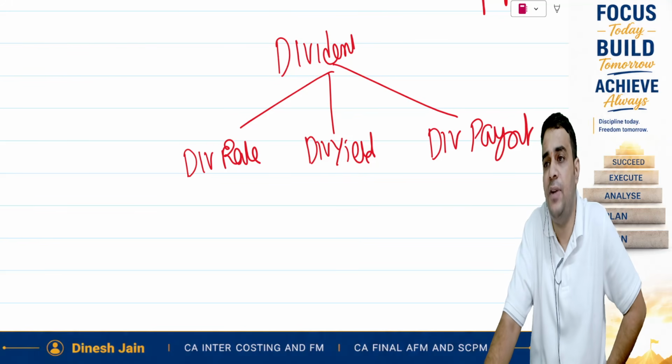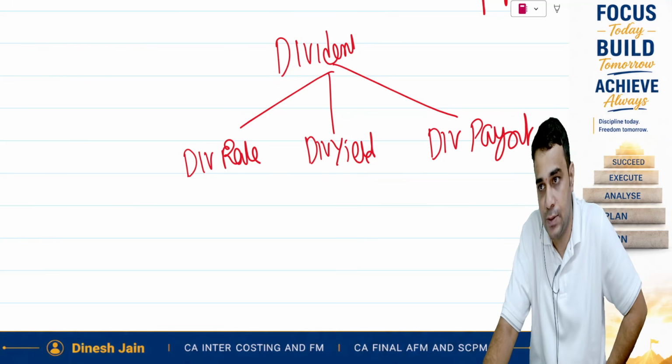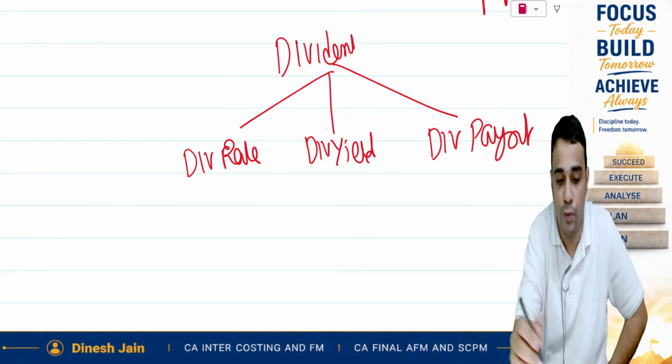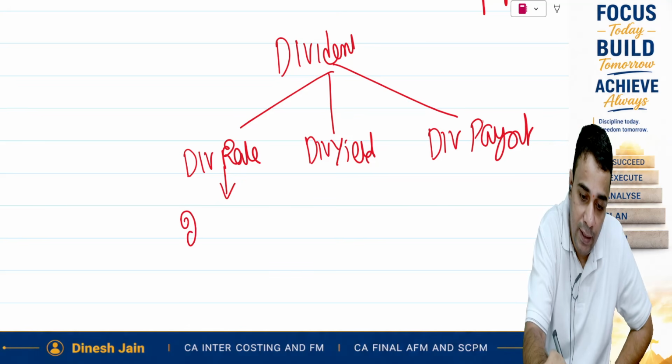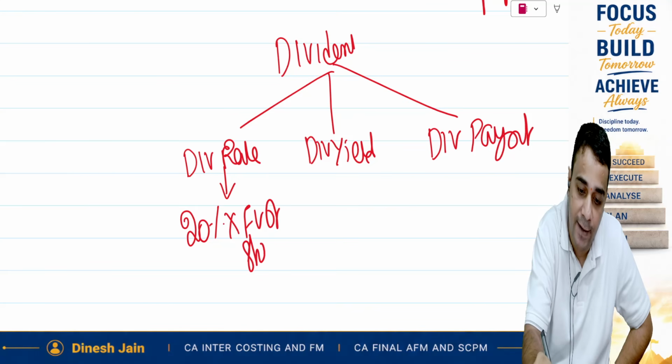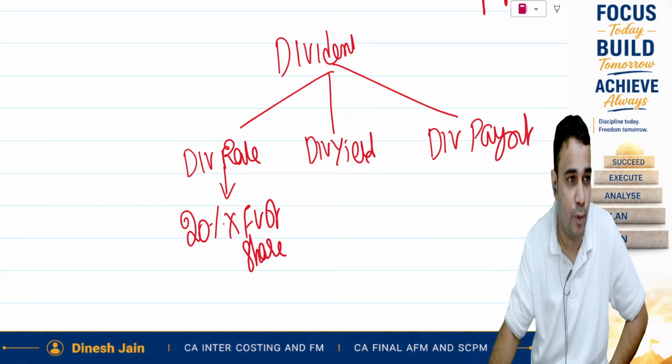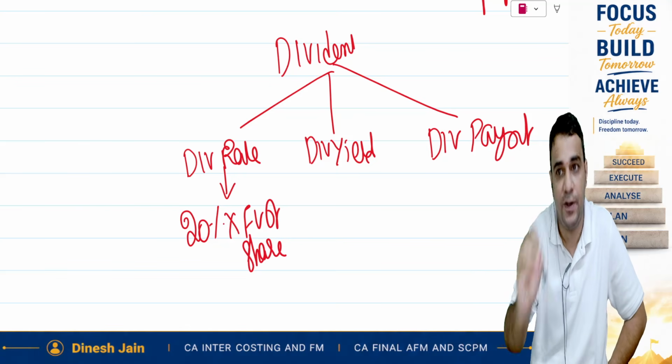If I say dividend rate is 20%, I should multiply 20% with what to get dividend per share? With the face value. So dividend rate 20% into face value of the share. Again, everything is there in the concept book. If something new I tell, I'll specifically tell you to write.